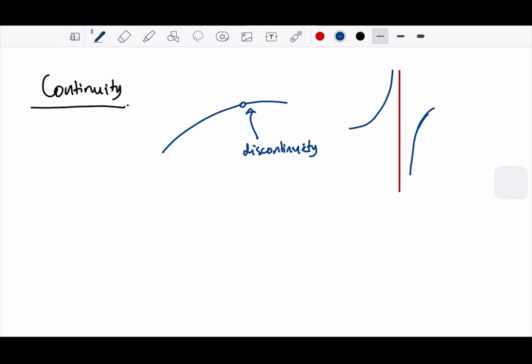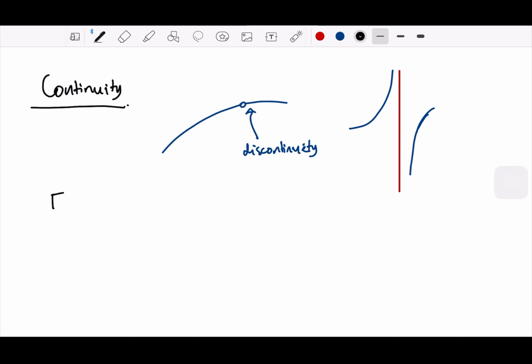That's the easy way to interpret. So whenever you find a hole or an asymptote like this, you can directly call that discontinuous. And to prove that is what we are going to discuss.